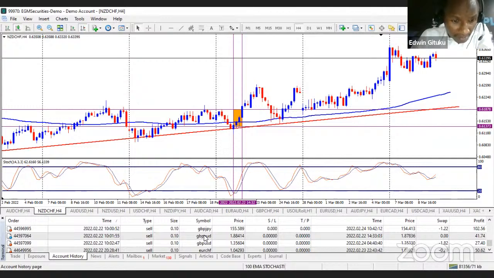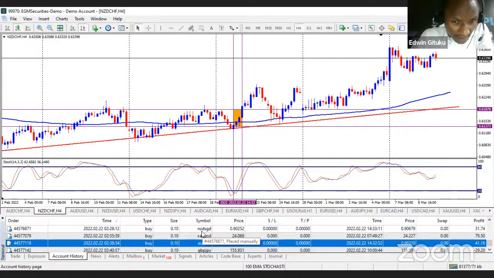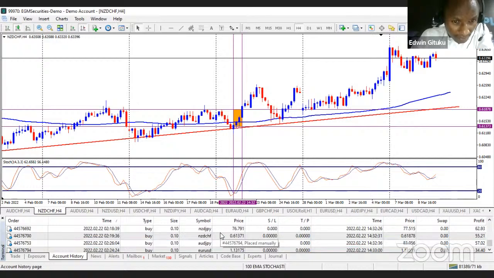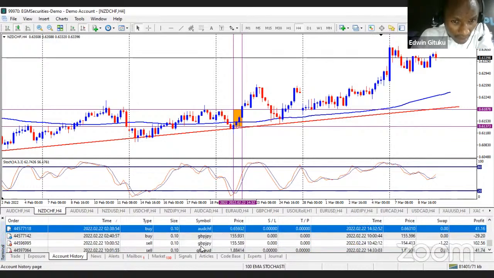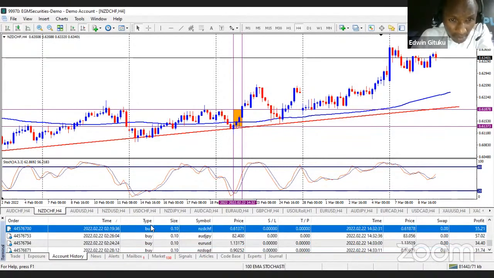If you had traded a mini on this setup, let me see. So this is the trade. It was an entry at 0.6137, exit at 0.6187. So 50 pips could have yielded around $55 for a mini.